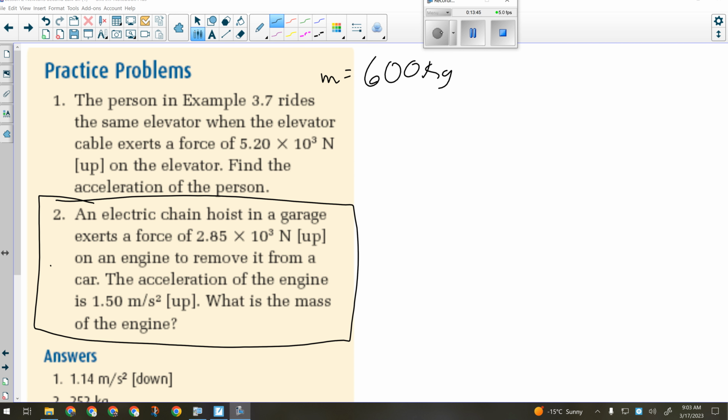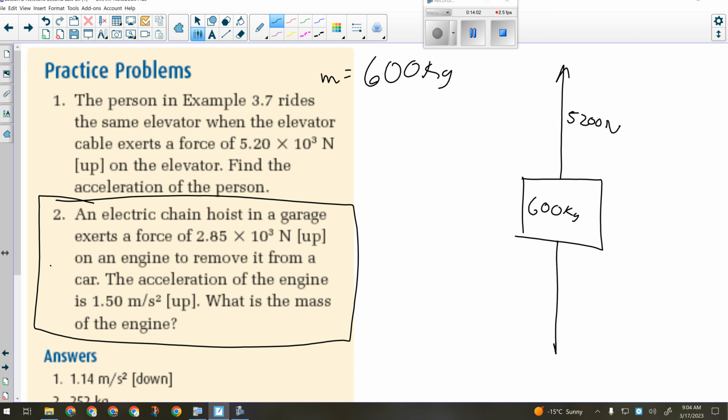Okay, so as I said, the thing with elevators is as long as you remember that gravity is present, you really can't go wrong. They're not difficult. The forces are collinear and opposite. So we have our 600 kilogram elevator. Okay, we have an upward force of 5,200 newtons, and gravity is still the value we calculated before, 5,886 newtons.